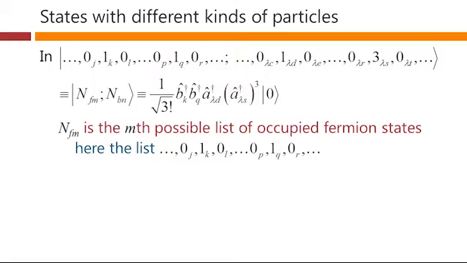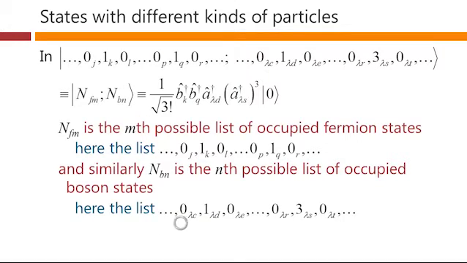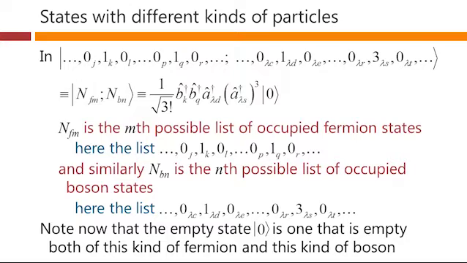So that list here is this list here. And similarly, NBN is the nth, little n, possible list of occupied boson states. So here it's this list corresponding to this list up here. Note now that this empty state here is one that is empty both of this kind of fermion and this kind of boson.